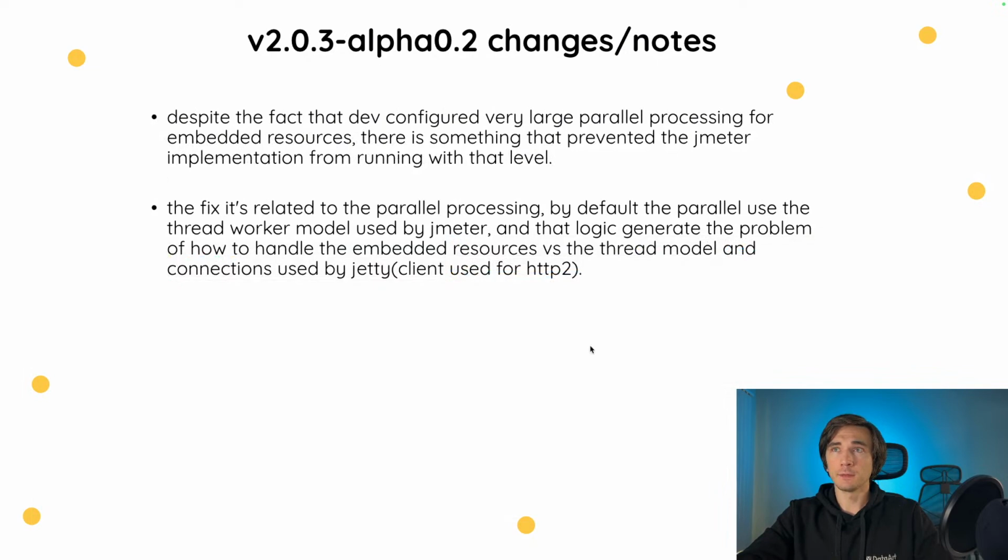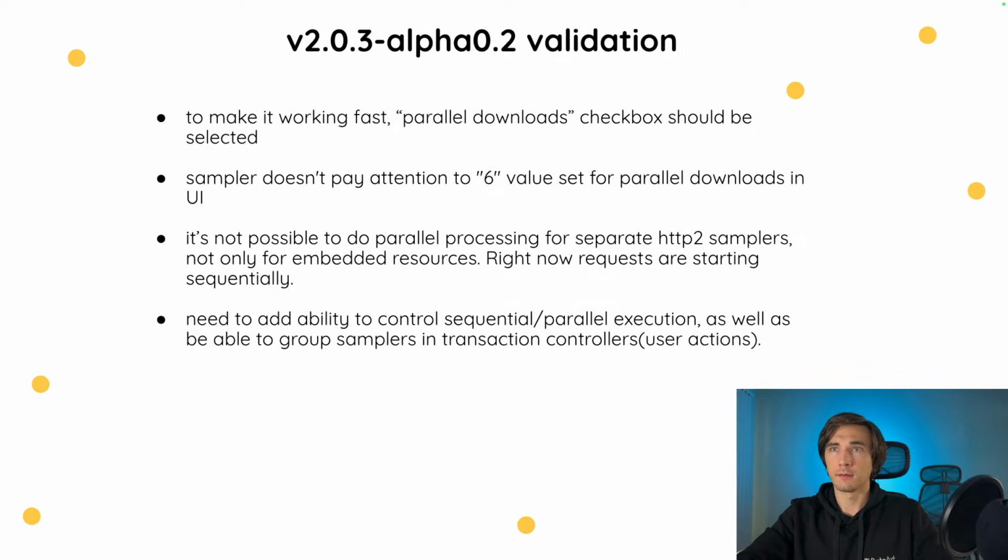So second version, there was something blocking. He made some changes, but JMeter was not actually using them. And after the fix, it started working better. But to enable this parallel processing, right now you need to enable parallel downloads.